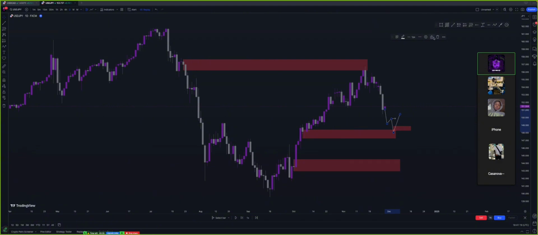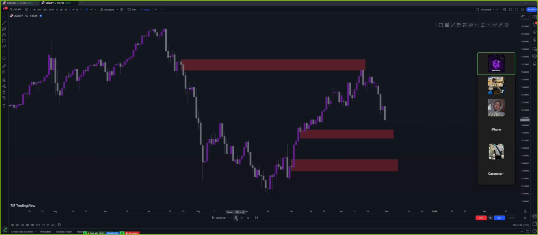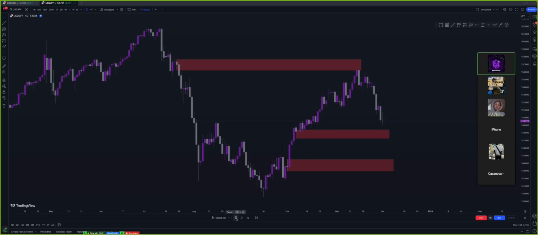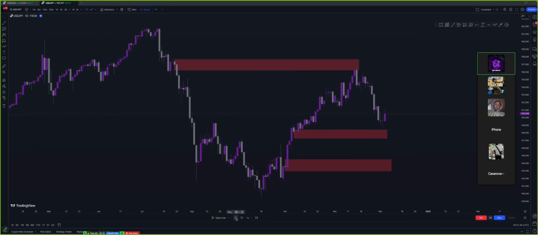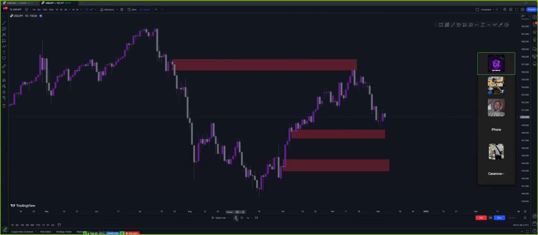So now let's play price and see what happens if the market comes into this zone, right? So let's play price real quick and see how it plays out. So the market is there playing out.